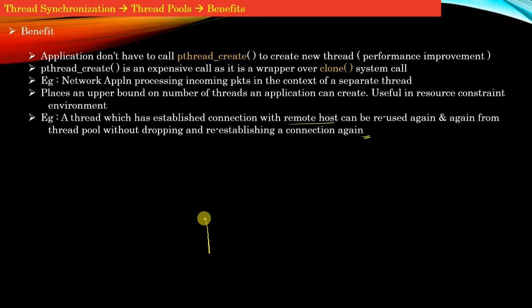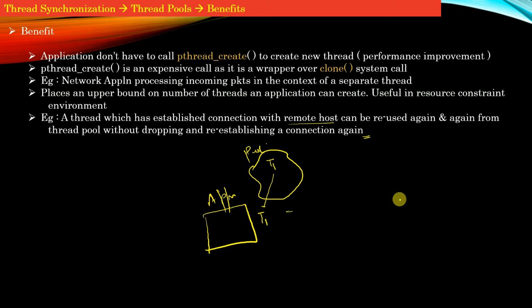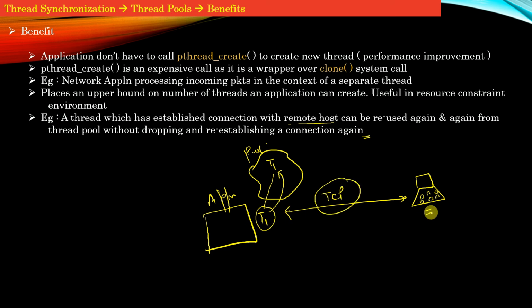So in this case, you have an application A and a thread pool, and the application has created a thread T1, and has used the thread T1 to create, let's say, a TCP connection with some remote host. Now the application can place this thread back into the thread pool and use it only when the application needs to communicate with this remote host on the already established connection.